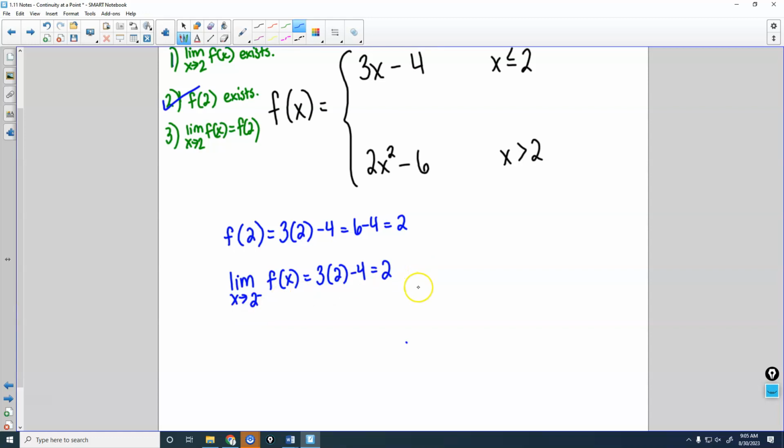The limit as x approaches 2 from the right of f of x would be 2 times 2 squared minus 6, which is 2 times 4 minus 6, which is 8 minus 6, which also equals 2.